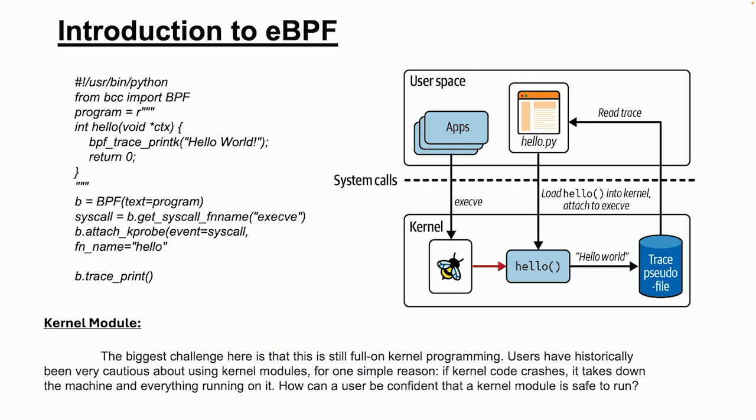And later on, we call the BPF. Internally, this will invoke the BPF system call, and it will compile this program into BPF bytecode, and then this bytecode will be loaded in the kernel.